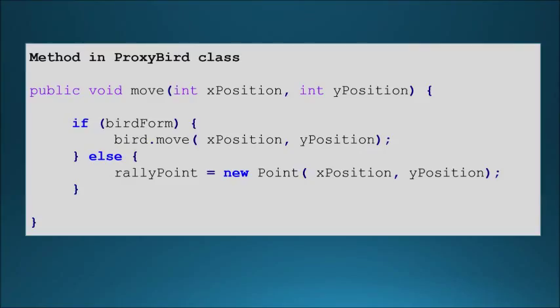And what it would do is it'd take an X position and a Y position. It would check if we're in bird form, and if we are, then it would tell the actual bird object to move. And if we're not, then it would just set a rally point for later. And so that's a way that our proxy could be acting as a state machine, and it only tells our actual bird object to move if we're in the bird state.